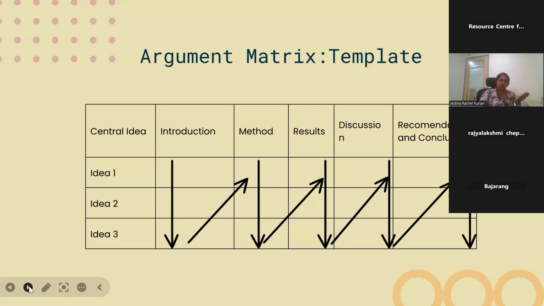In case of tobacco use among pregnant women, how much research is done since 2001 to 2024? In the last 24 years, how much research has been done? That could be trends, patterns of research in the last 24 or 25 years, can be the first central idea.